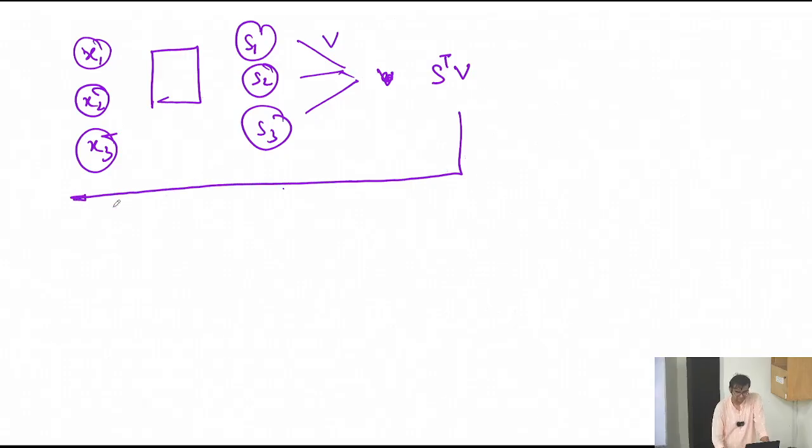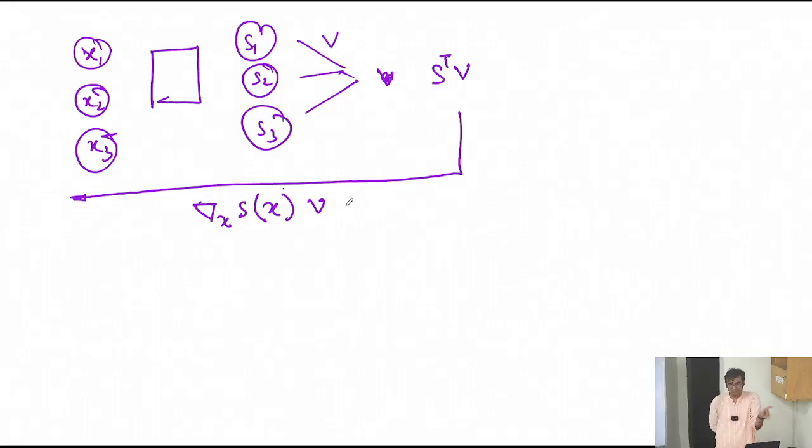What will you get? Only S is a function of X, V is not a function of X. So you will get the gradient. One vector multiplication you will get this, which is a vector by the way, matrix vector multiplication.